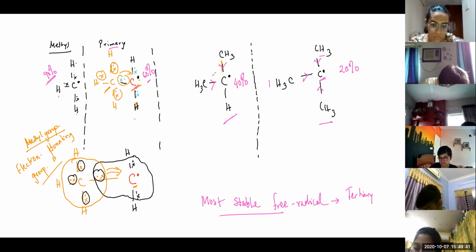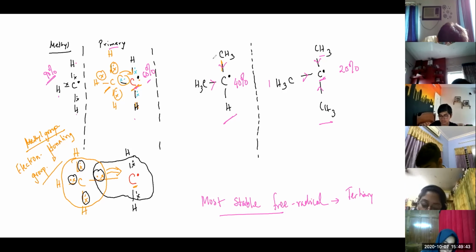Secondary is obviously less hungry than primary because it has 2 R groups donating electrons to the central carbon, the free radical carbon. And tertiary is the least hungry because it has 3 electron donating groups.